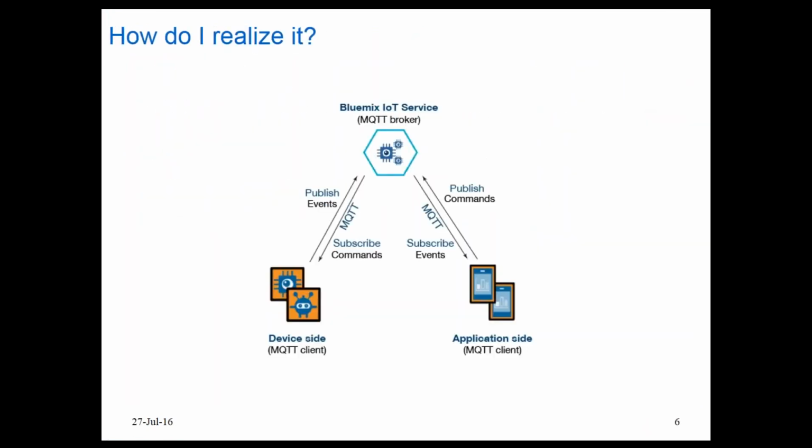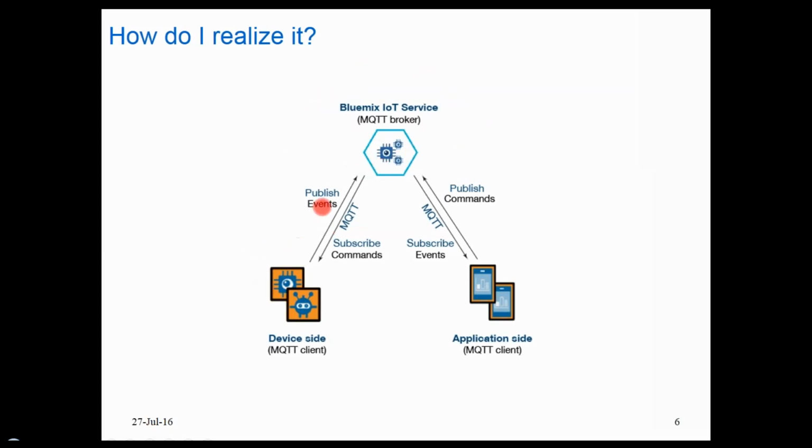So when you see here, the devices can publish to the broker and subscribe to commands, and the application can subscribe to device events or publish commands. So how do you think the flow of data is maintained here? Each publish, that is the device publishing data, will be given to the broker with a particular message title.